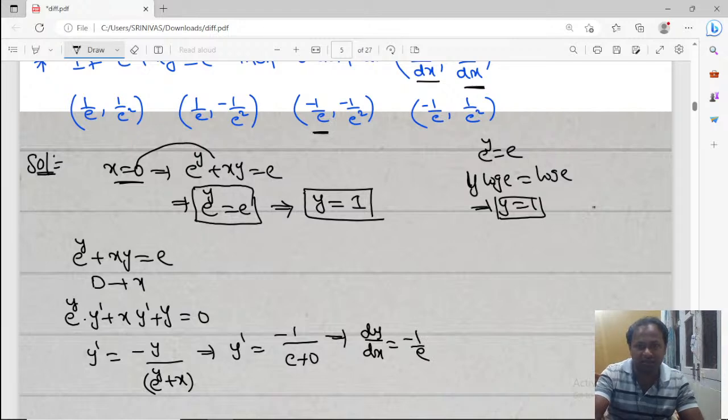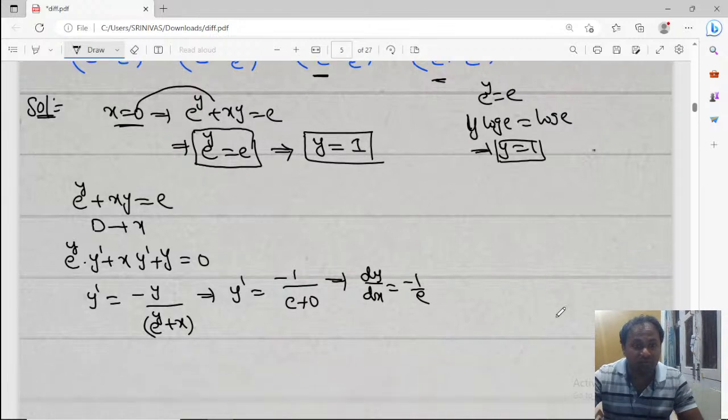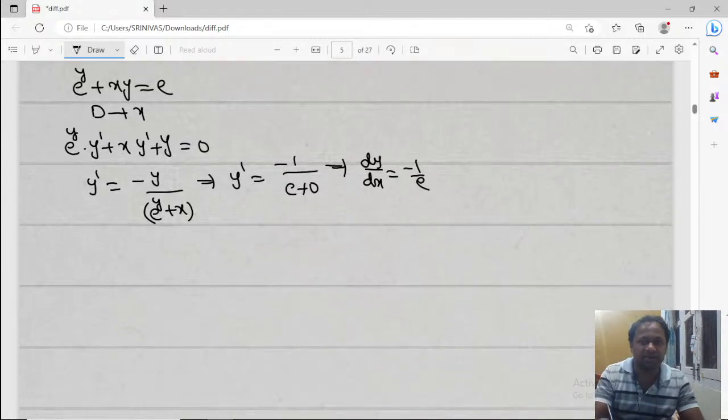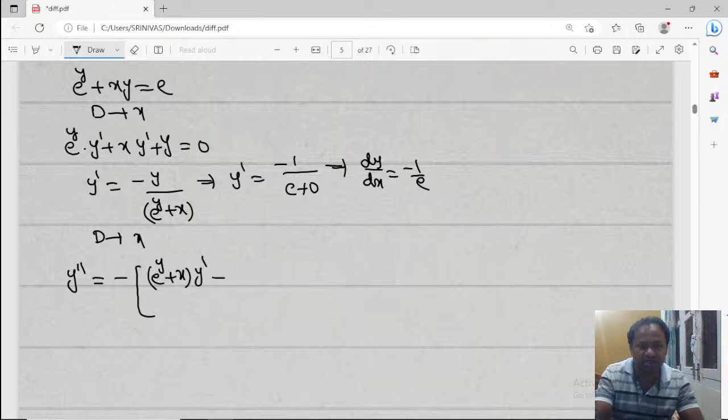Two options we have with minus 1 by e. Next, let me go through d square y by dx square. If we differentiate it again with respect to x, what we get? y double dash is equal to minus of, e power y plus x into y dash, minus y into e power y differentiation, e power y into y dash plus x differentiation 1, divided by e power y plus x whole square.